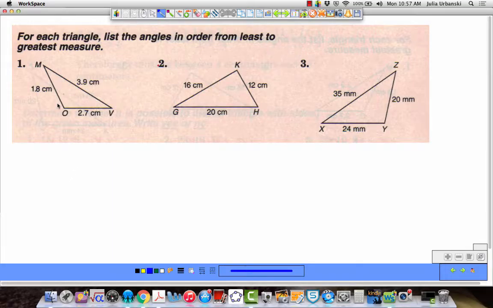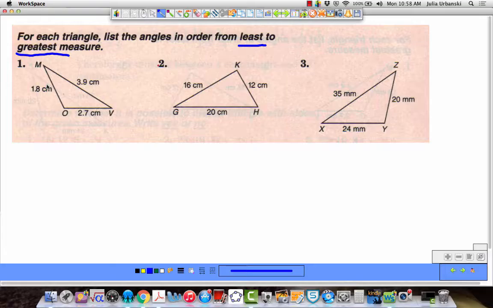So first thing is to read the directions. List the angles in order from least to greatest. So that means the smallest one has to go first. So look at all your sides here. Find the smallest side and tell me the angle across from it. Tell me the smallest angle. 3.97. That's the biggest. They want to go from least to biggest.